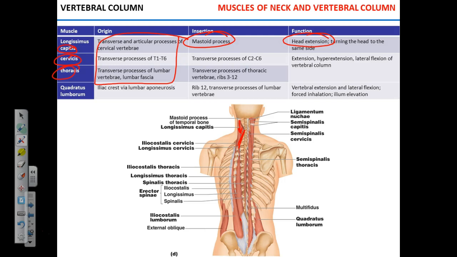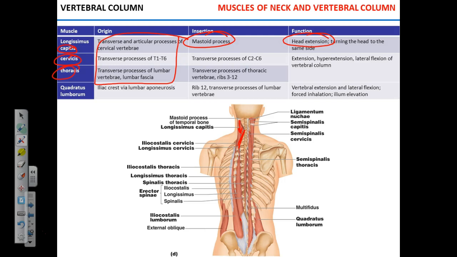Okay, this is the mastoid process right here. This is hypothetically my right arm here, sternocleidomastoid. My left arm here is longissimus. When I pull on sternocleidomastoid, where does my head turn? The sternocleidomastoid is attached here, sternum.